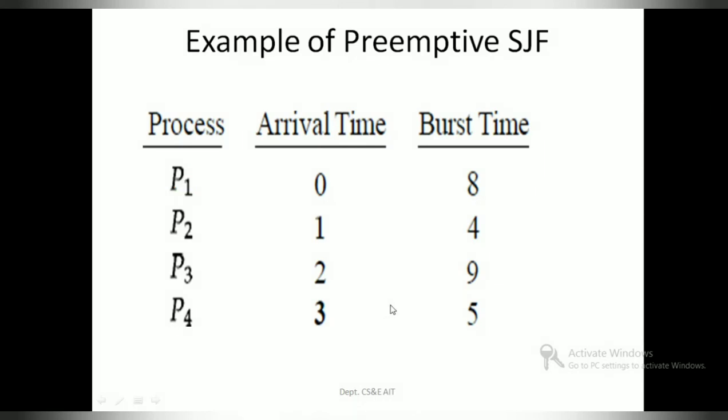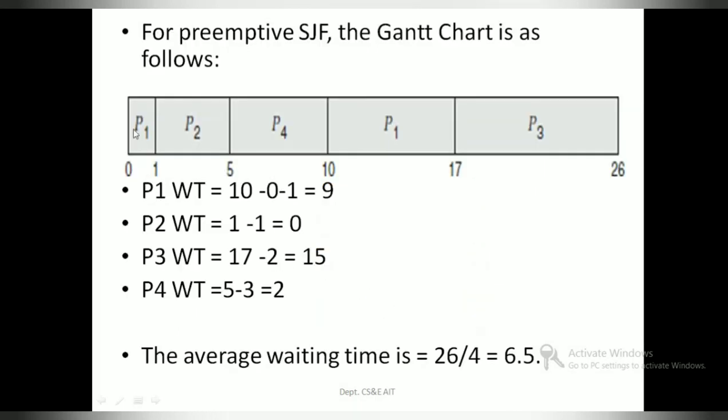Let us take a look at the Gantt chart. I have process P1 that is executing, then it is given to process P2, and by the time P2 completes its execution, other processes have arrived in the system. So I shall give it in the order P4, P1 and P3.